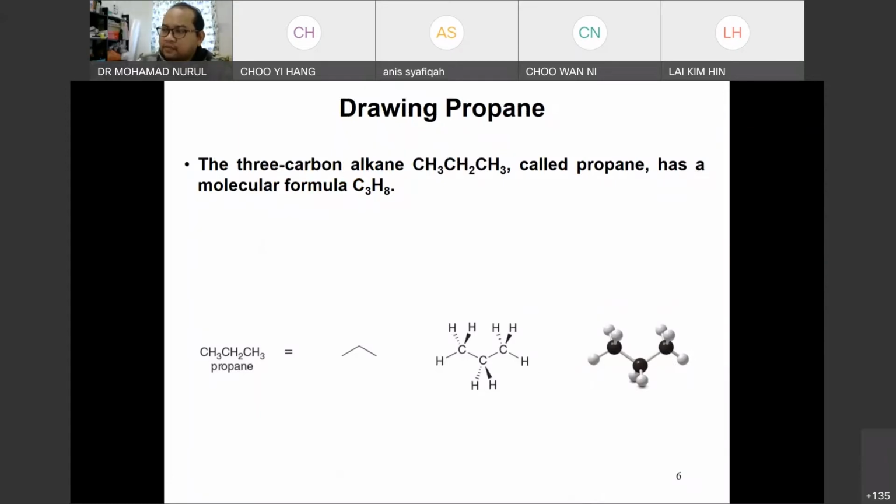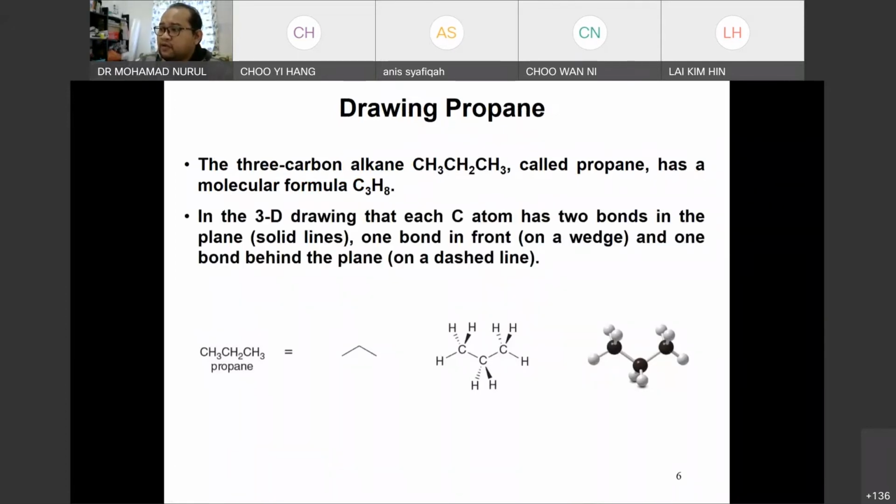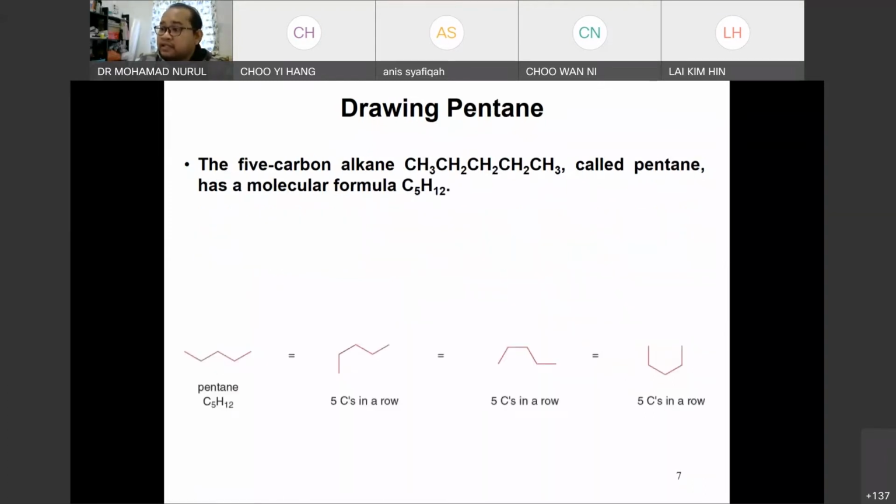So 3 carbons, which is propane here, have a molecular formula C3H8, okay, CnH2n+2, because this is a non-cyclic alkane. So this is how you can draw propane by using skeletal structure. Usually we are using skeletal structures. And this is pentane.